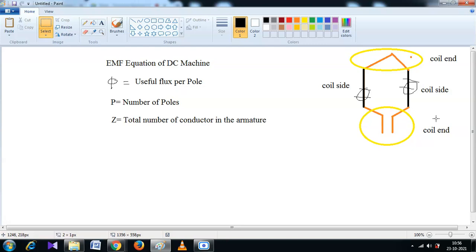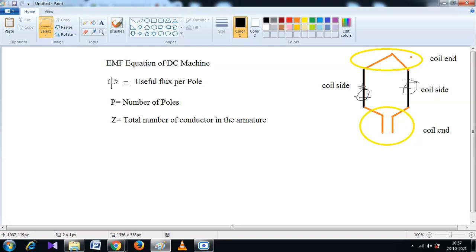Two coil sides. And where is the voltage induced? In the coil side.